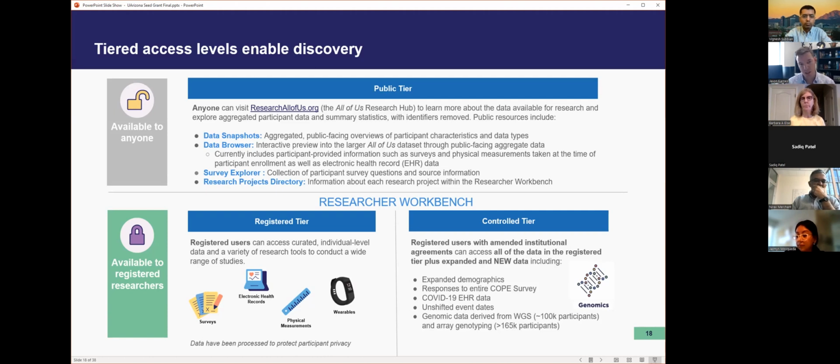There's additional training you have to go through to get to the controlled tier. But registration in All of Us is actually fairly straightforward. If you agree to the data use agreements, you do your training, and you create the Gmail account associated with the production environment, which is the researcher workbench, then you should be up and running within 24 to 48 hours. Next slide.